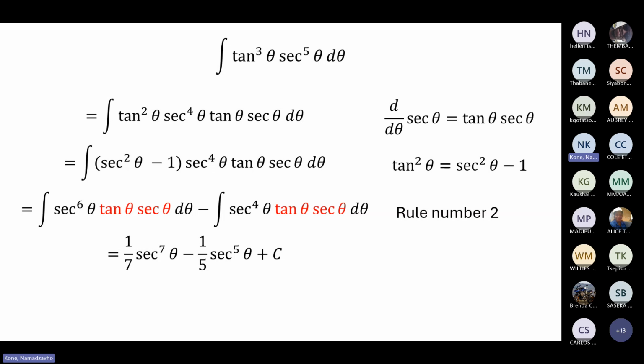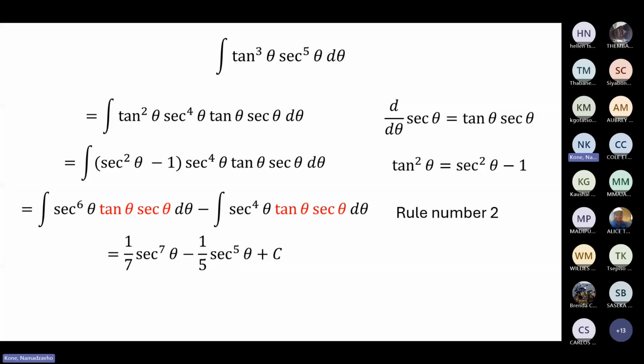So in short, we can summarize that when both powers are even, your derivative will be sec squared. The same applies if it was cot and cosec, just with negative signs involved.